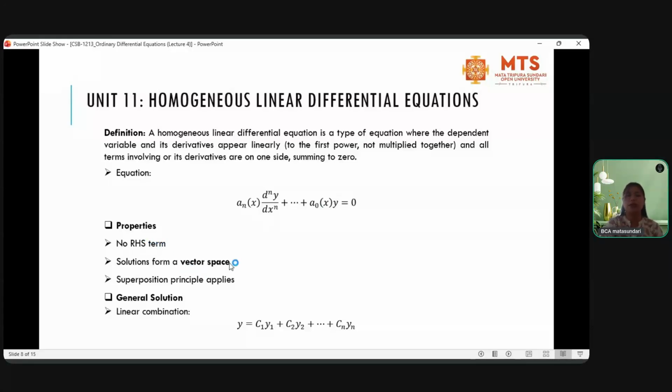Solutions form a vector space and the superposition principle applies. The general solution is a linear combination: y equals C1 y1 plus C2 y2 plus ... plus Cn yn.